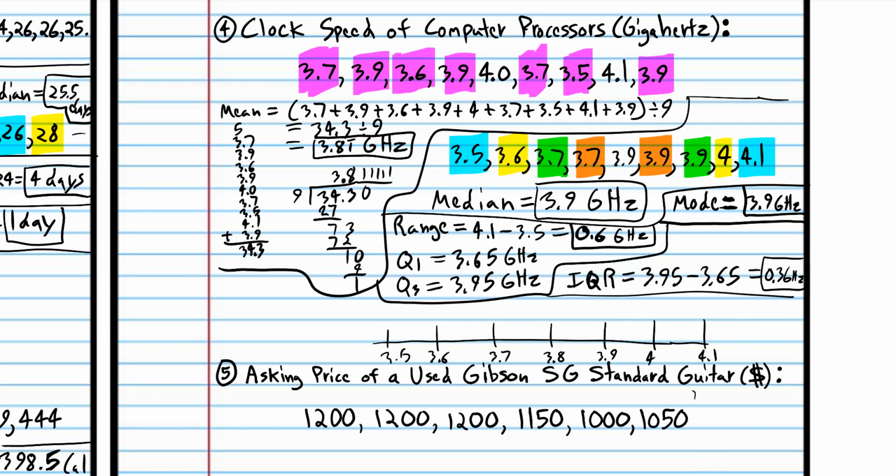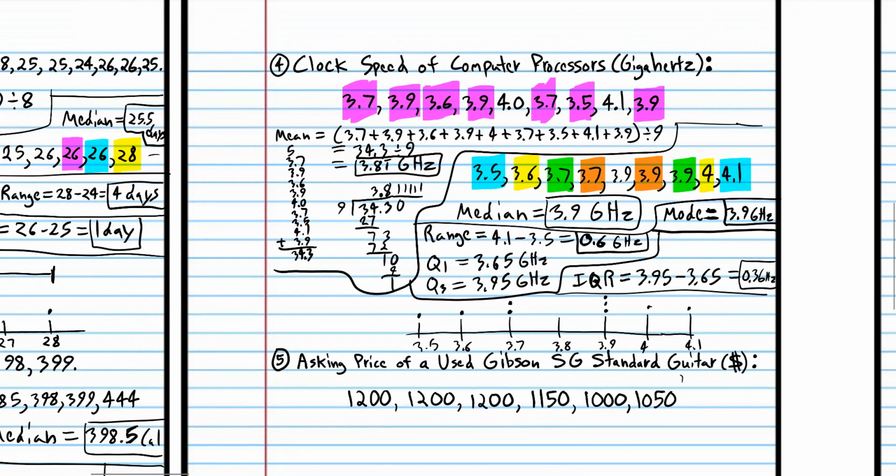All right, so let's make our dots. At 3.5, we've got 1 dot, 2 dots. Then 1 dot, 1 dot, 2 dots. 3 dots on 3.9. So there we go: 1, 2, 3, 4, 5, 6, 7, 8, 9 dots.